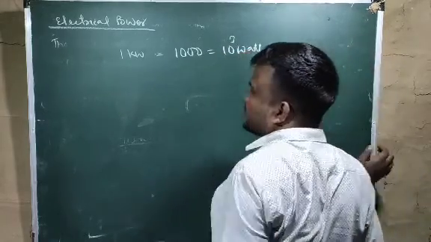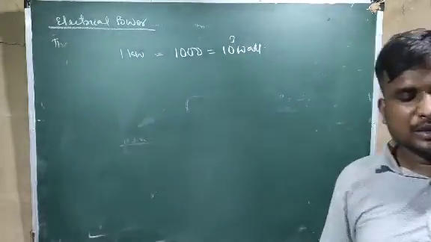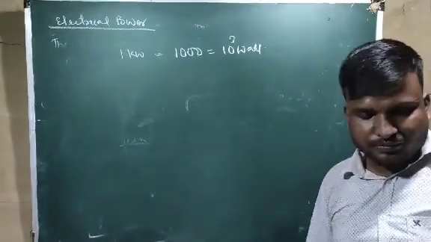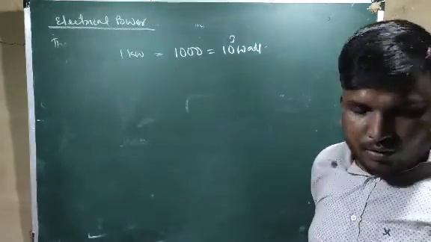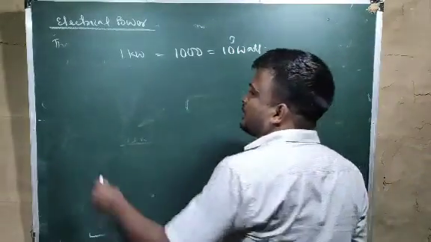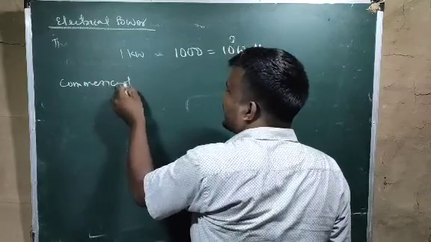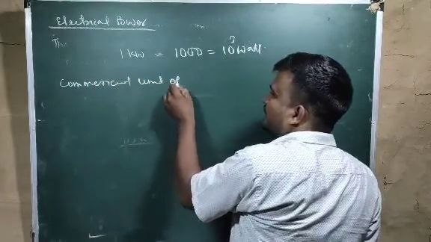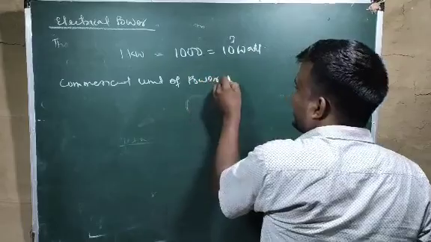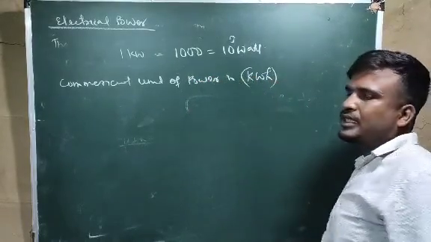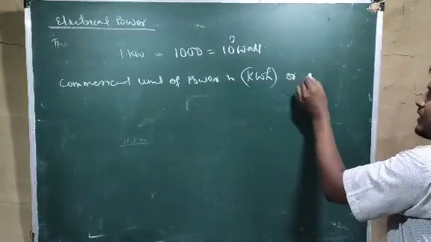Another commercial unit of power is kilowatt hour, and that is also called 1 unit.